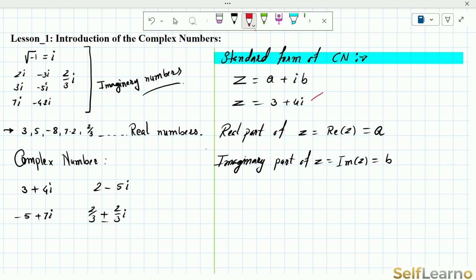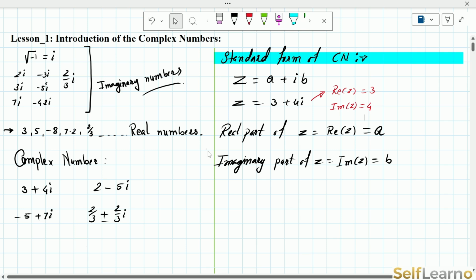So, in this example, the real part of z is 3 and the imaginary part of z is 4. Let me give you some more examples of real and imaginary parts of the complex number.